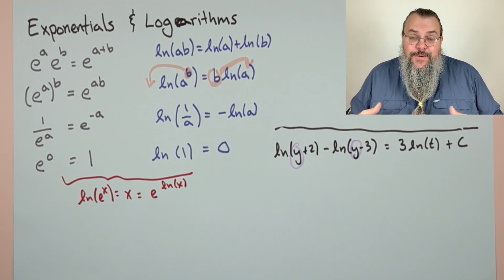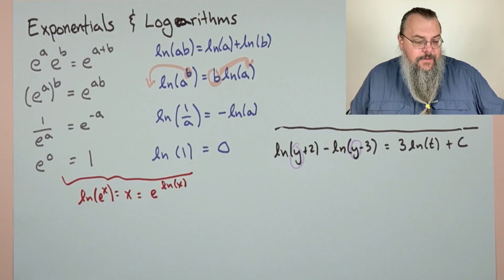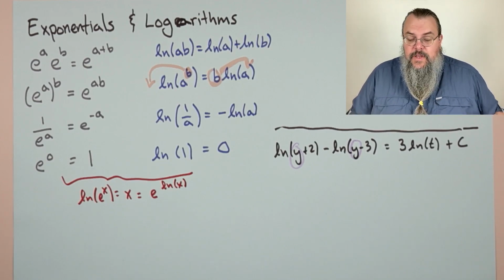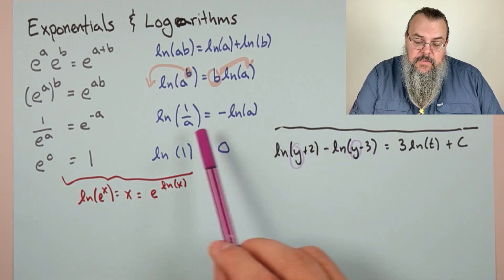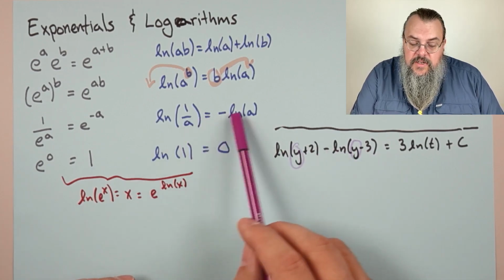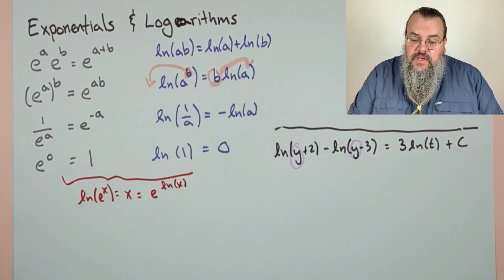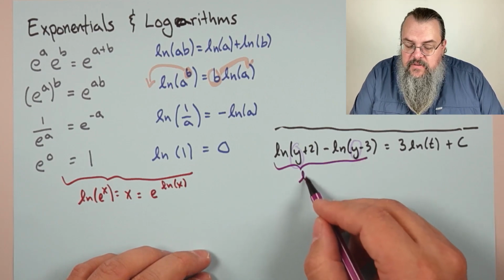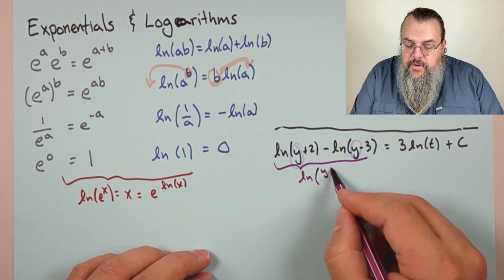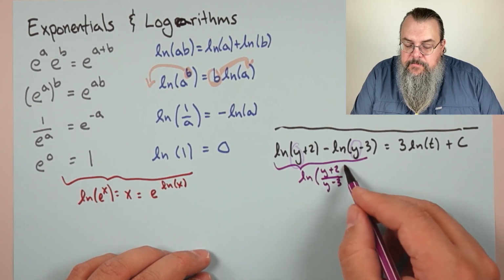But what do we do here? What can we do? Well, we see subtraction. So if you think about the fact that subtracting puts something downstairs, and then, of course, addition becomes multiplication, this really says we can rewrite this as log of y plus 2 over y minus 3.